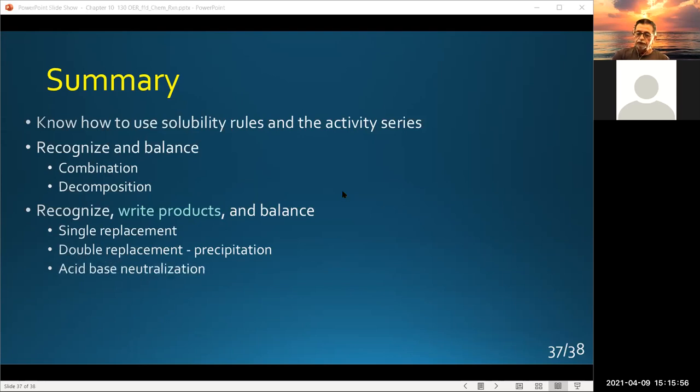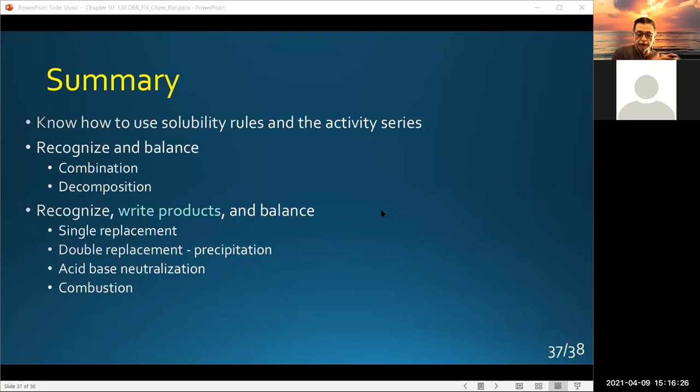We talked at length about acid-base reactions. That's the reaction between protons and hydroxides. To balance those, follow the protons, the hydroxides and the waters, and that would by default balance the reaction. We talked about combustion reactions. For us in Chem 130, when we talk about combustion, we're dealing with hydrocarbons, and those are compounds that have nothing more than carbon and hydrogen.